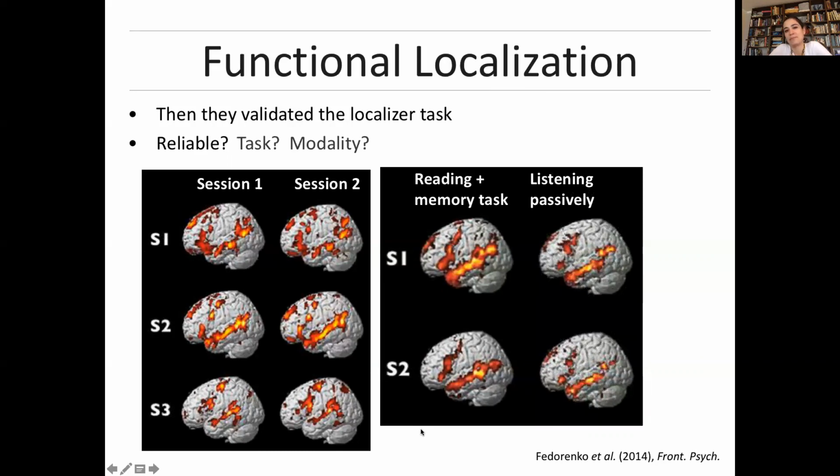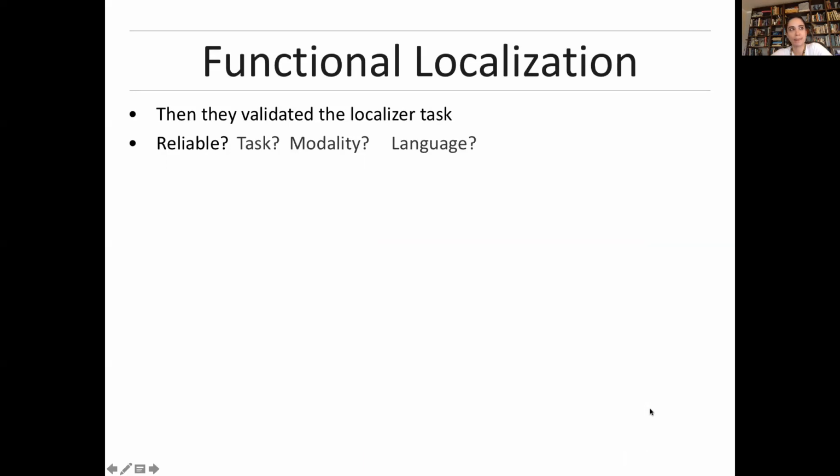The individual variability may in some way correspond to individual variability in how we process language, for example. And another conclusion of this paper was that this sort of task can be given both auditorily and visually. So no matter what the modality, you can pick up on these language clusters.